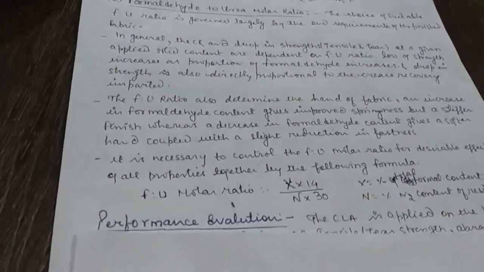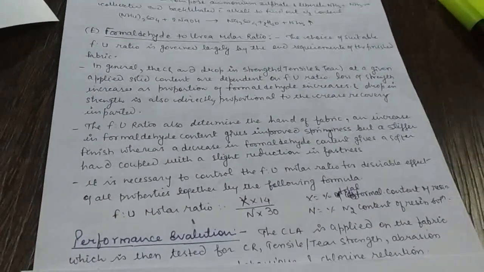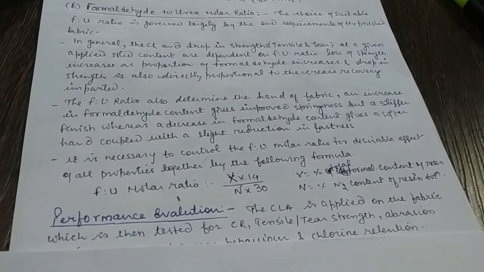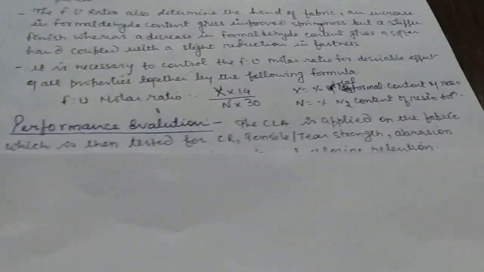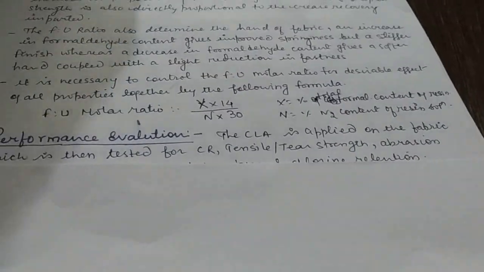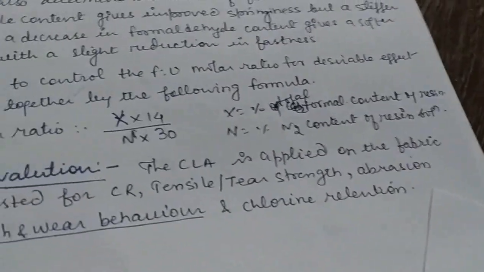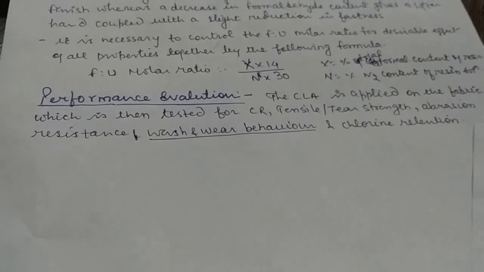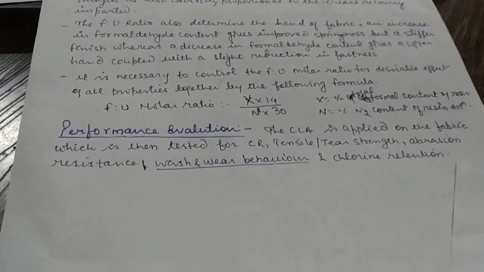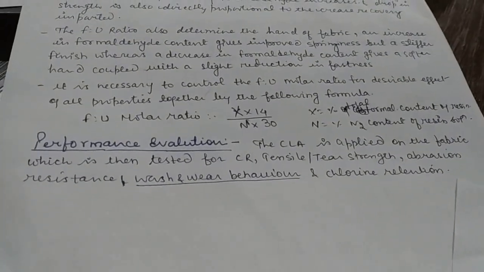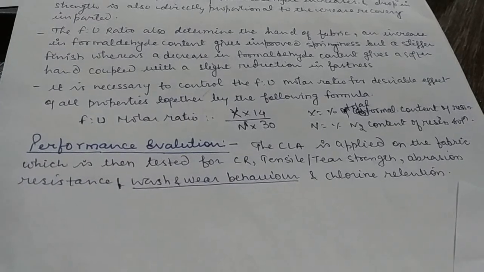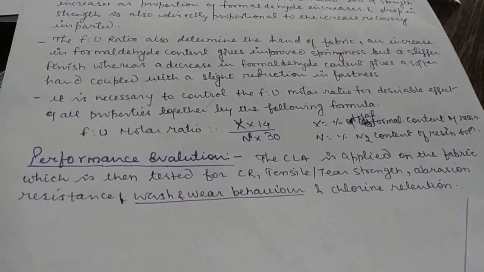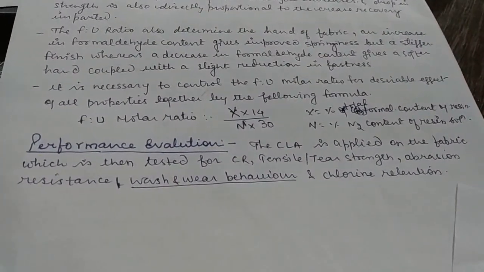So we just discussed how to calculate the formaldehyde to urea molar ratio, which is a number that gives the basic idea about how a cross-linking agent behaves in terms of crease recovery angle improvement and extent of strength loss, as well as stiffness and softness of the fabric.